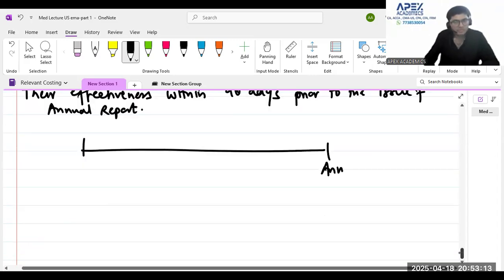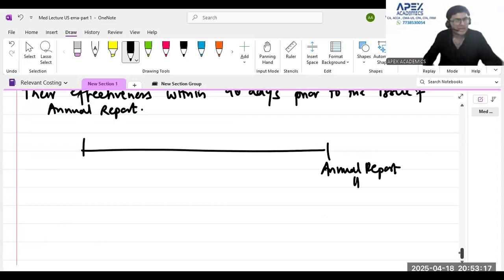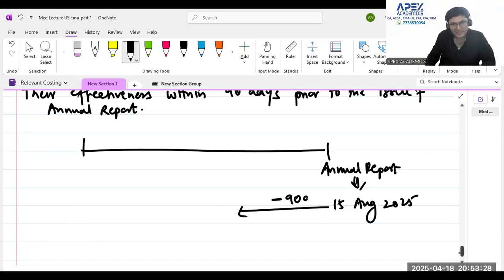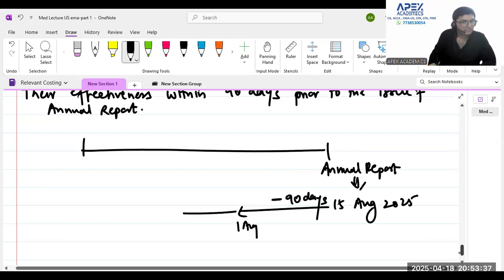Meaning, suppose the annual report has been issued on 15th of August 2025. 15th of August minus 90 days. Minus how many days? Minus 90 days. Meaning, here comes your 1st of August. Sir, how many are done now? 90 minus 15, 75.